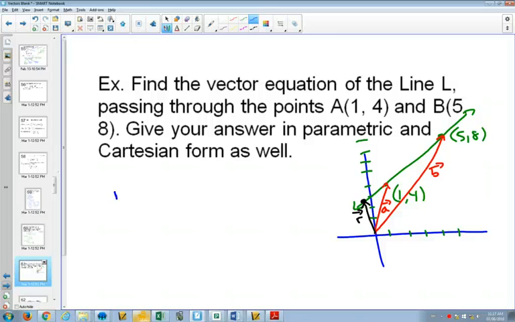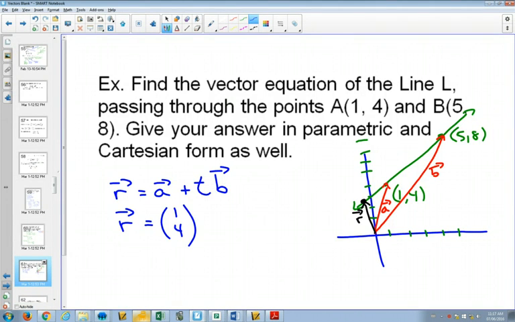So putting that together, for vector A, you could either use A that we've written here, (1, 4), or vector B. It doesn't matter which point you use as a starting point. They will both work. So if you use (1, 4) or (5, 8) there, it'll be fine. But in this question, we have to do some calculations because our direction vector is this.